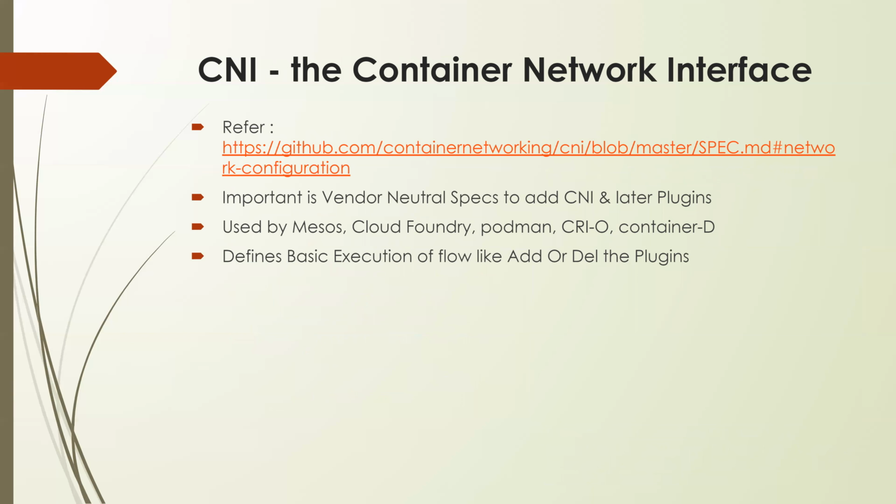And CNI is not an exclusive property of Kubernetes. It is used by Mesos, Cloud Foundry, Podman, CRI-O, Containerd, several of the daemons and several of the application frameworks use CNI.